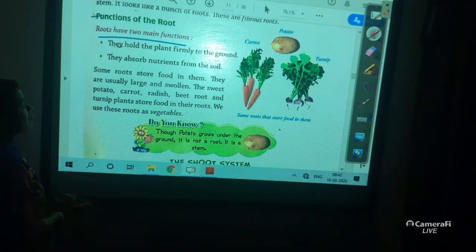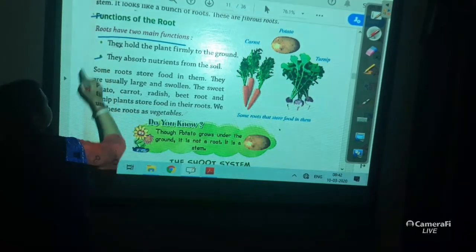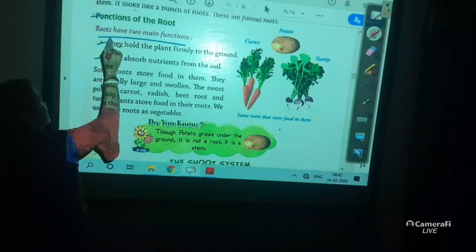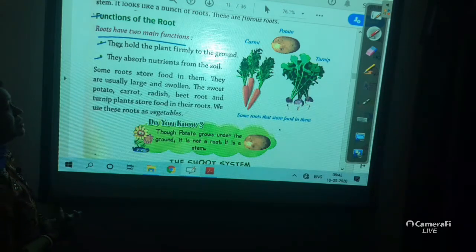And they absorb nutrients from the soil. Whatever minerals and water are under the soil, the roots absorb them. Because the plants also need water and minerals to make their food, and this water and these minerals are absorbed by the root for the plant.